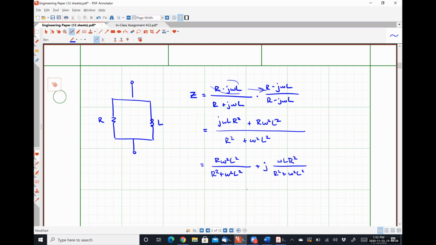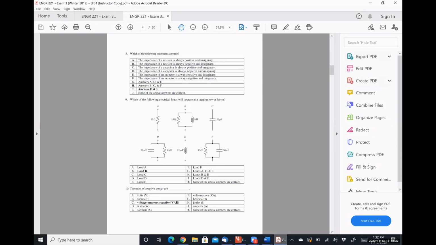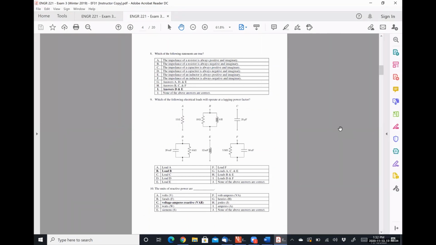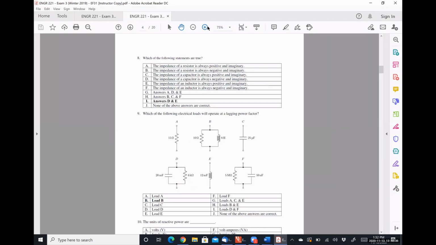So that's why I can look at this exam and tell you specifically: electrical load A has a power factor of 1 because it's a resistor. Electrical load B has a lagging power factor, C has 0 power factor, D has leading, E has 0, F has leading.